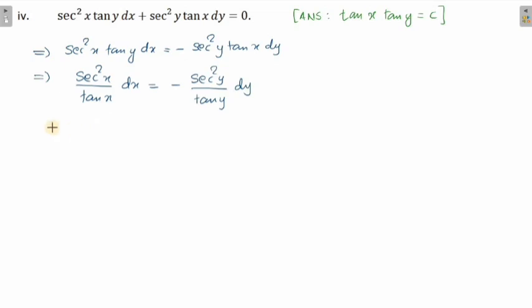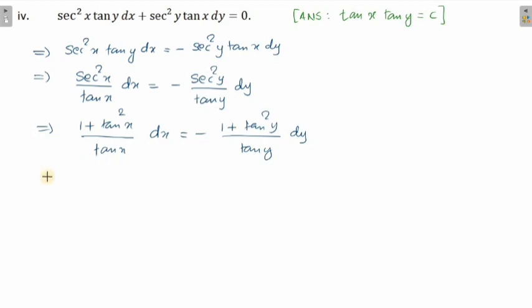Now all of you must know that sec square theta can be written as 1 plus tan square theta, divided by we have tan x dx. Let's do the same thing here also. So we have 1 plus tan square y by tan y dy.